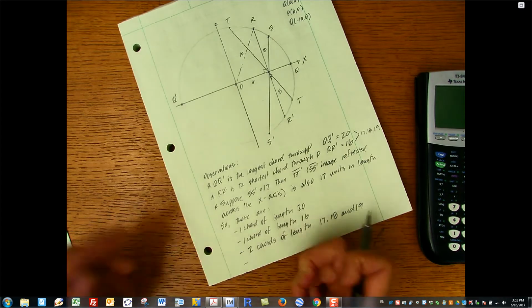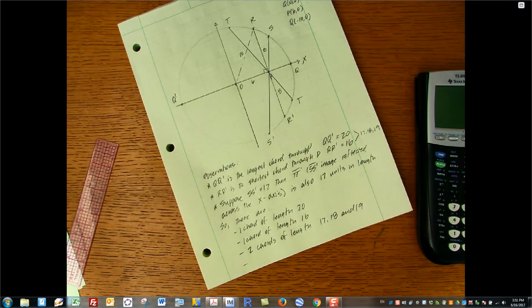So I believe that there are only 8 chords of integer length here passing through P based on this reasoning.